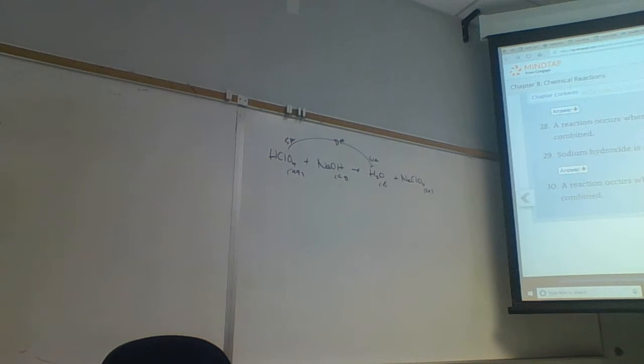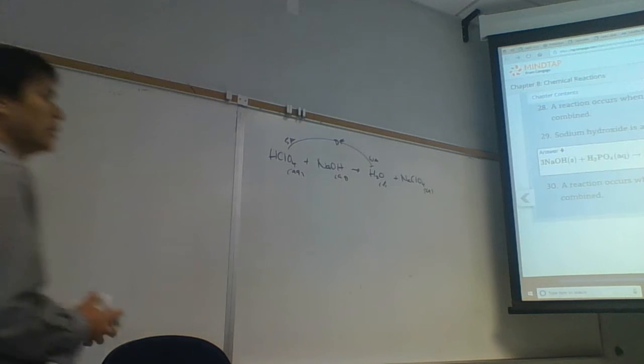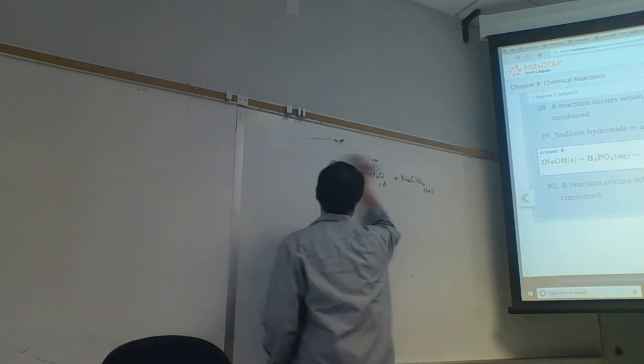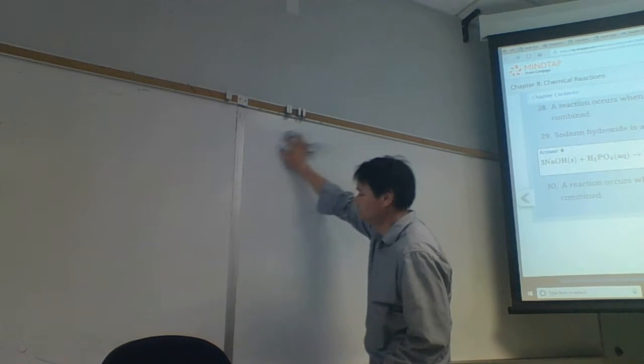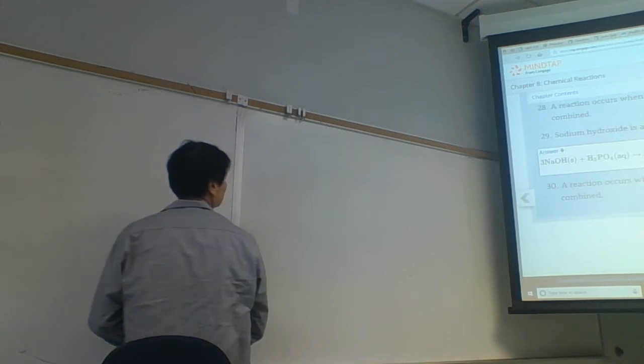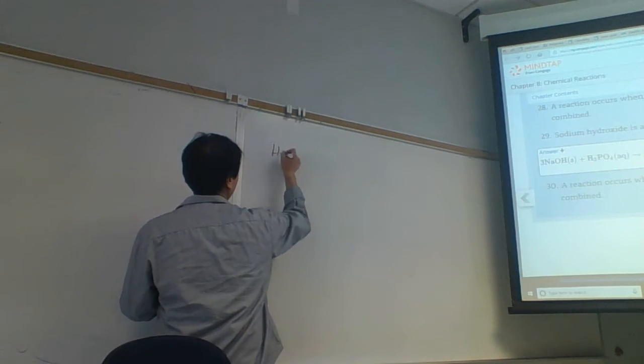Number 30. Let's take a look at their answers here. That's what we got. Number 30. A reaction occurs when aqueous solutions of hydrosulfuric acid and sodium hydroxide are combined. Hydrosulfuric acid, what's that? H2SO4.